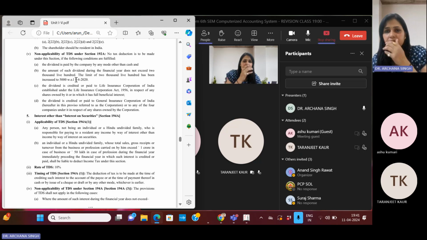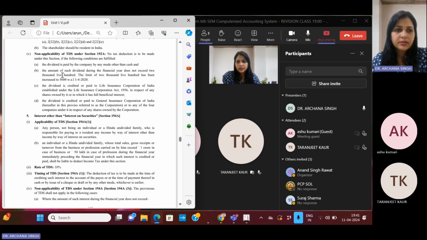Some mistakes are there in your study material, so I had to correct. So the dividend amount for the financial year should not exceed 2,500, and the limit of 2,500 has been increased to rupees 5,000. This limit has been increased with effect from 11/4/2020.